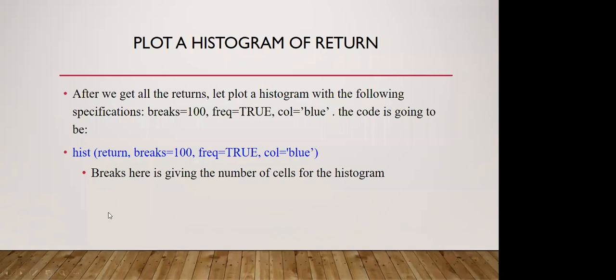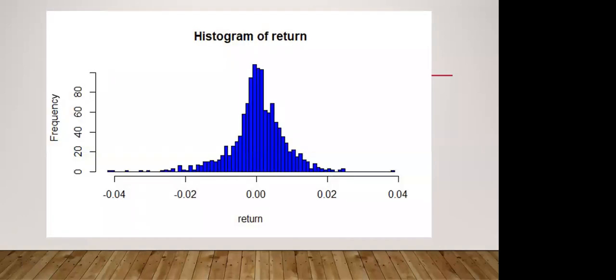So the code is hist return, breaks 100, frequency 2, and col blue. The breaks argument gives the number of cells for the histogram. So here is how it looks. We have our color, our return on the x-axis, and the frequency on the y-axis.